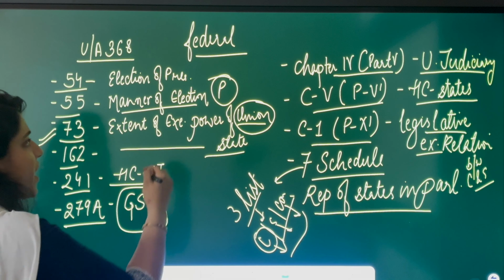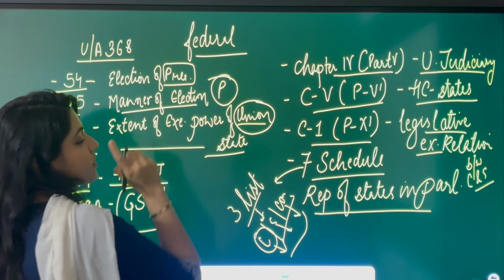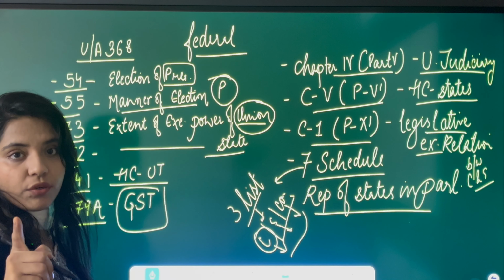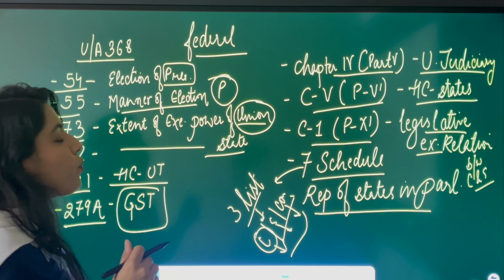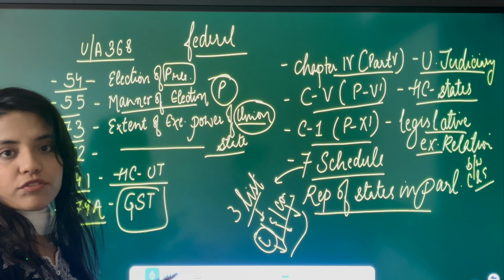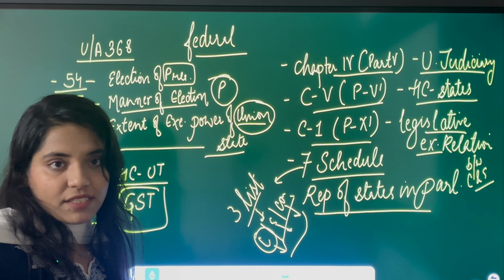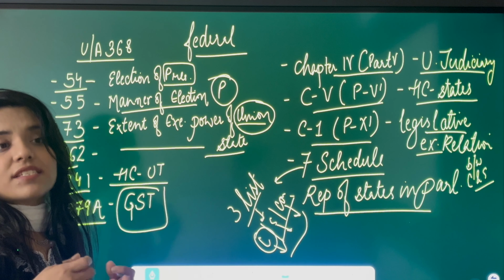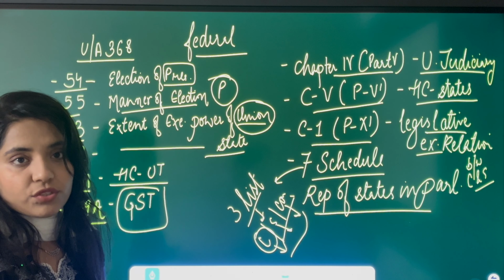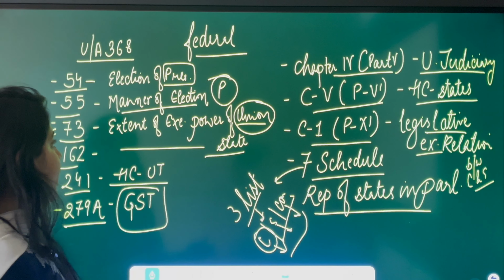For example, the president is the head of state. It is not the head of the union. So why should only the union change the election of the president? Because when the state is also a party to the election of the president, the state should also have a say in changing the manner of election, if at all there is a need, right?